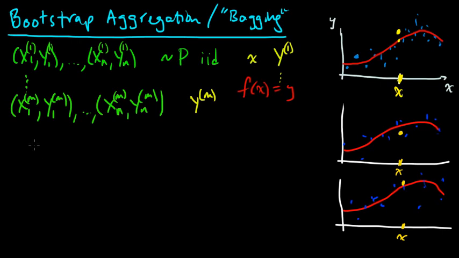Now, to make life easy for the moment, let's suppose that each of these y's, I'll just say a generic one, we'll call it y, has mean equal to the true value. In this case, we have a true value for our function that we're trying to estimate.